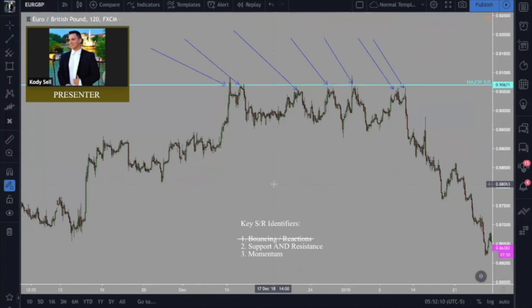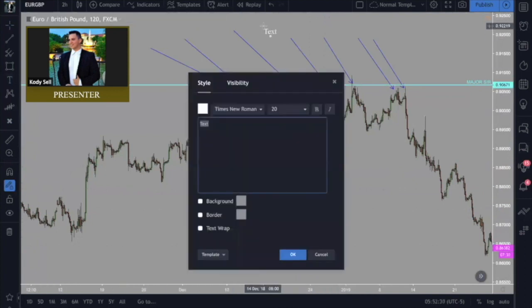Now, do we see that this level acts as both support and resistance? No. We don't see that. We actually do not see that. In the examples that we have here, in this market in front of us, we're only able to see that it is acting as what? Resistance.